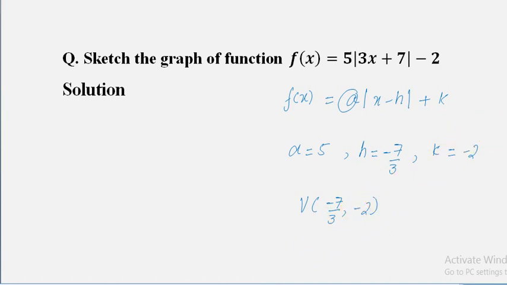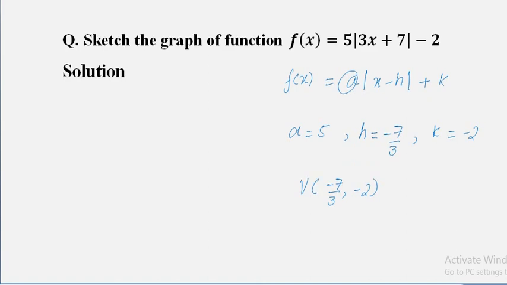Now, in order to sketch the graph of this function, first I try to sketch a rough sketch of this function. As the vertex is at point minus 7 by 3 comma minus 2, a rough sketch is like this.